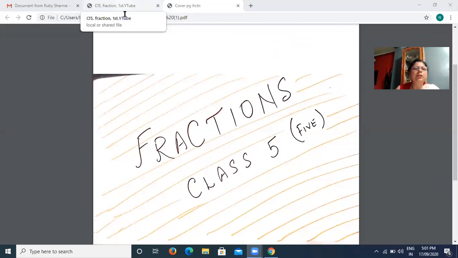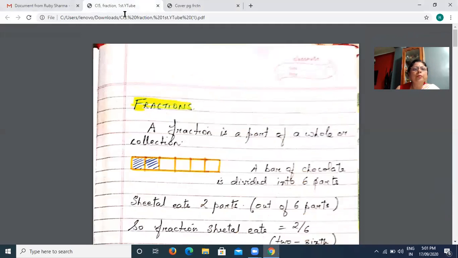Suppose you have a whole, say, a chocolate bar and you want to divide it between two friends. Then what is each part called? You don't get 1 or 2 or 3. Each part, when you divide in two parts, is called half, which is actually a fraction.